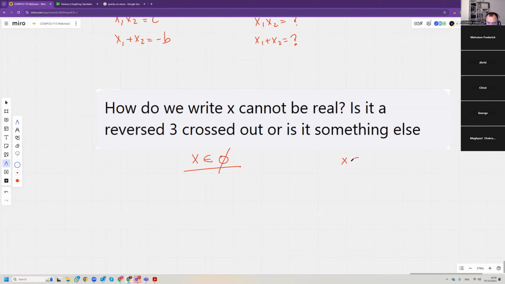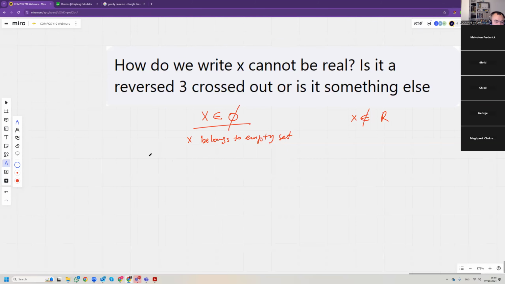Or you can say x does not belong to the set of real numbers. Or you could just say no solutions. That's one way of doing it.